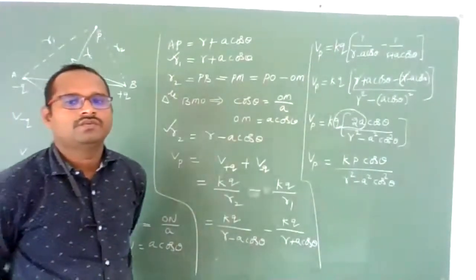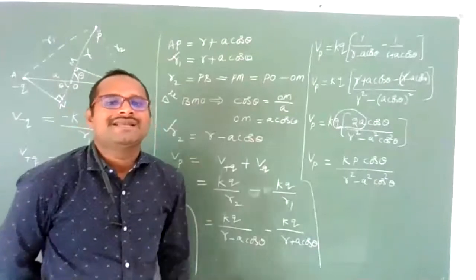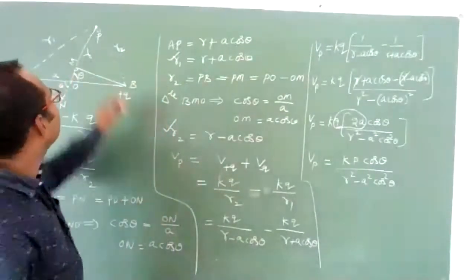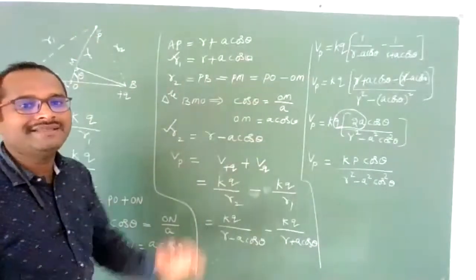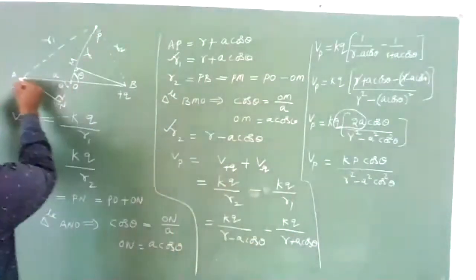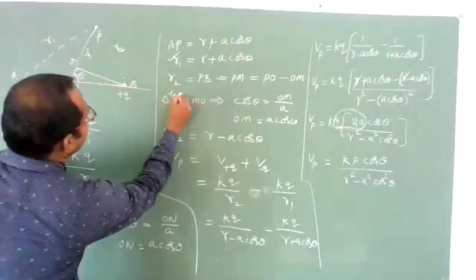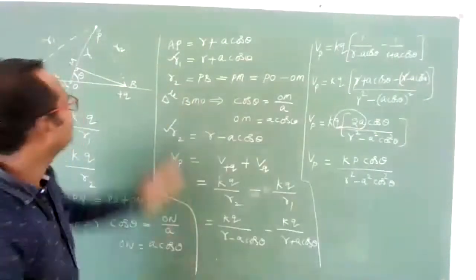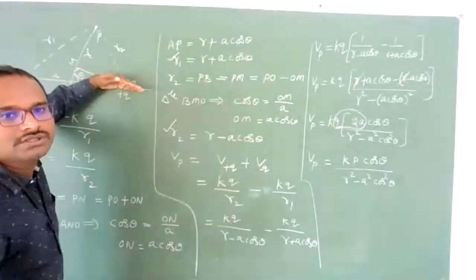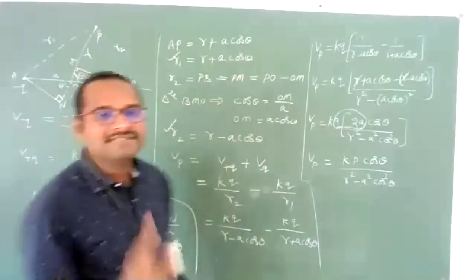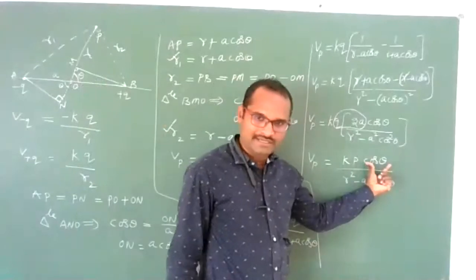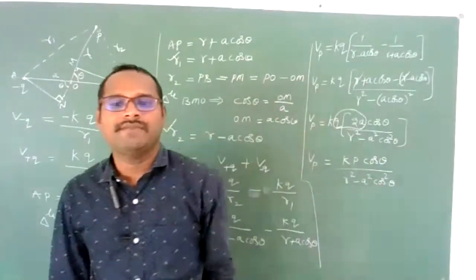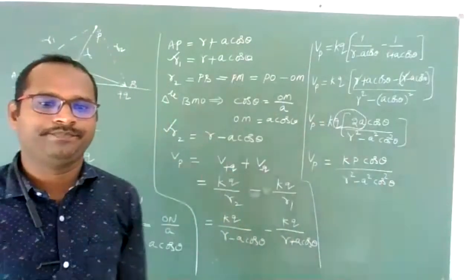Now, students, let us suppose that this point P is on the axial line, means on this line. Point P lies here or anywhere on this line. Then theta becomes 0. Cos 0 value is 1. Here also 1. You will get KP divided by R square minus A square.